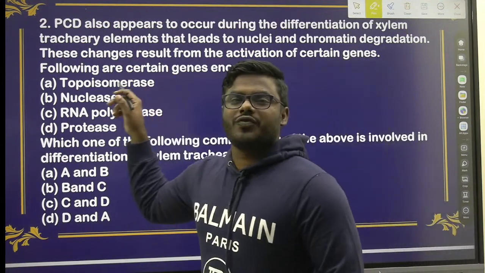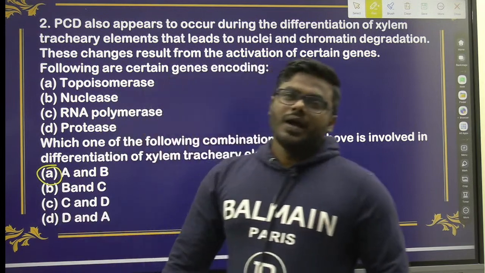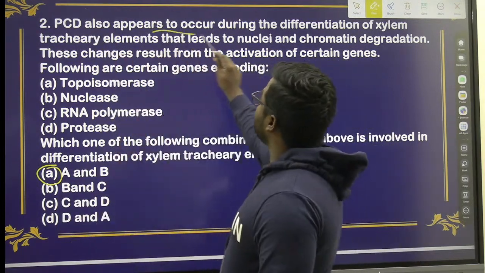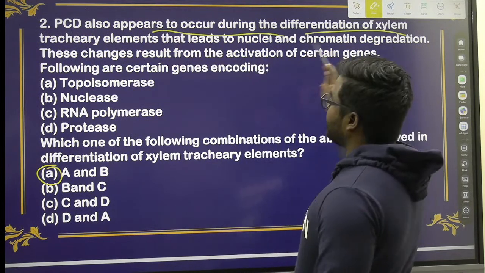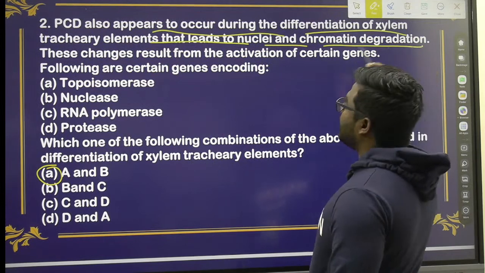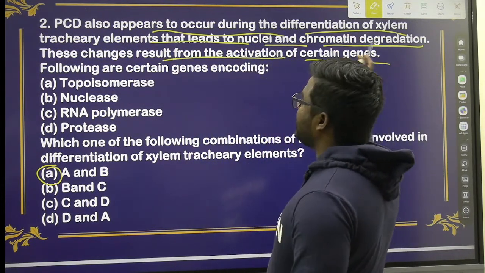The answer for question number 2 will be A. Look into the given question. PCD, programmed cell death, also appears to occur during the differentiation of the xylem tracheary elements, which leads to nuclei and chromatin degradation. These changes result from the activation of certain genes.